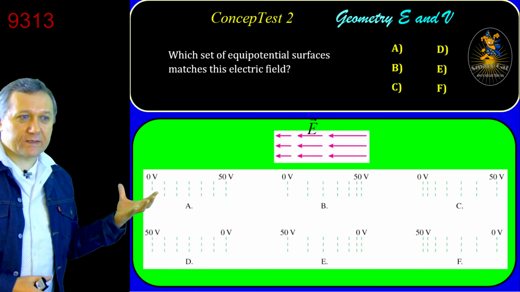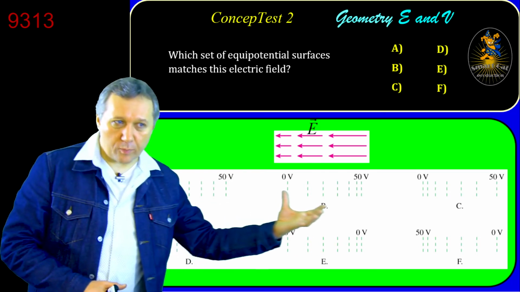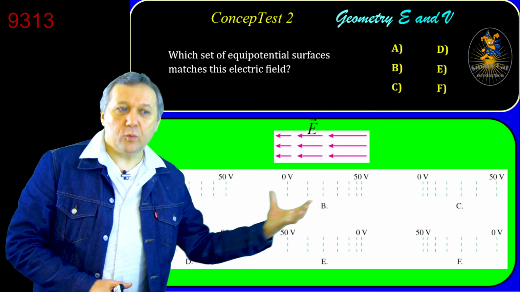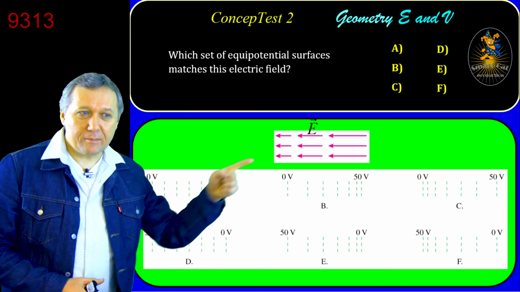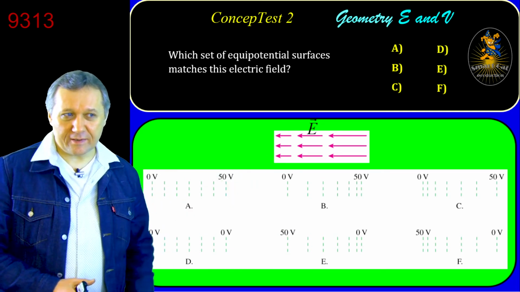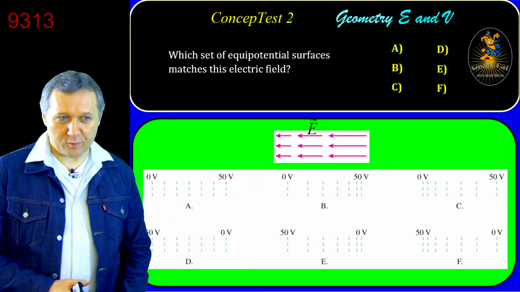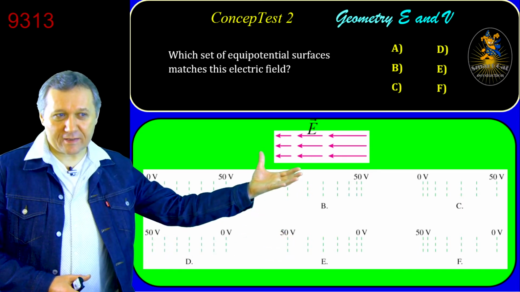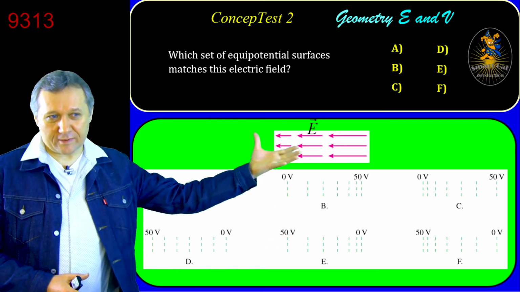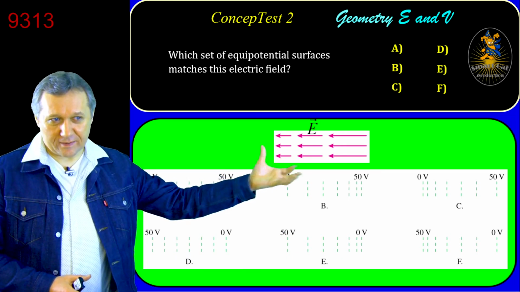And you see we have 6 possible options. So which option of these equipotential lines matches this electric field? Which equipotential lines describe exactly the same electrical aura as this electric field does, right?